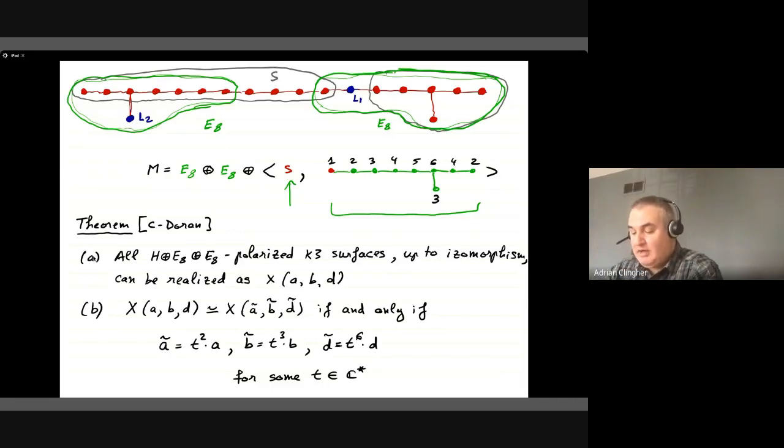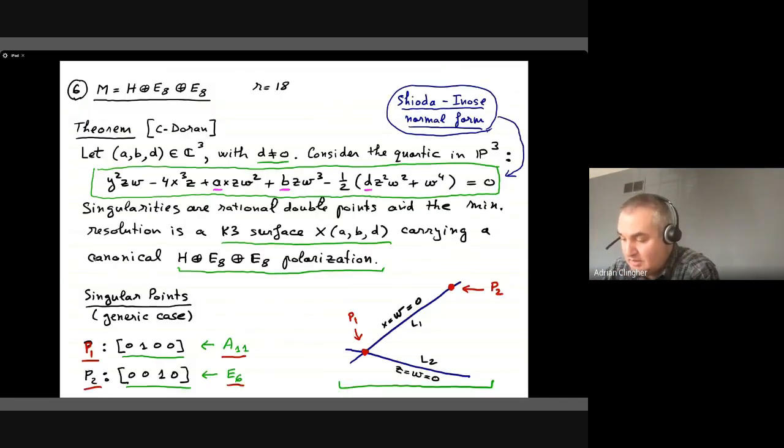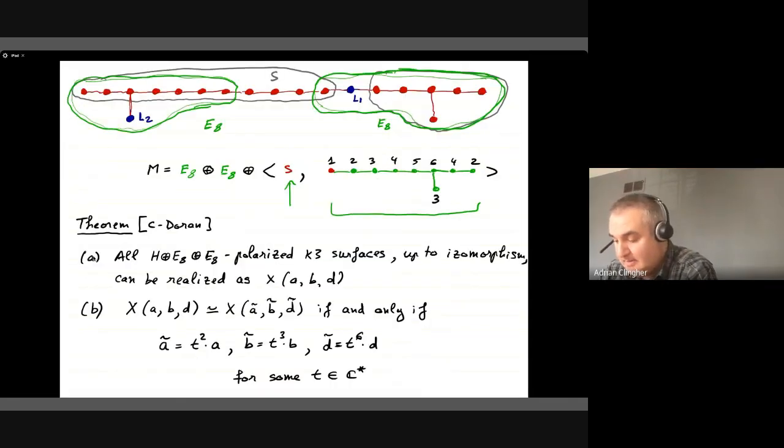So bottom line is we have this family of quartics that depend on three parameters, A, B, and D. And all of them, upon desingularization, lead to K3 surfaces of Picard rank 18 or higher, and the polarization is H plus E8 plus E8.